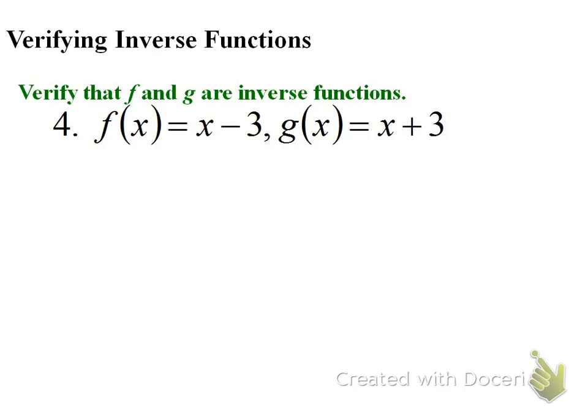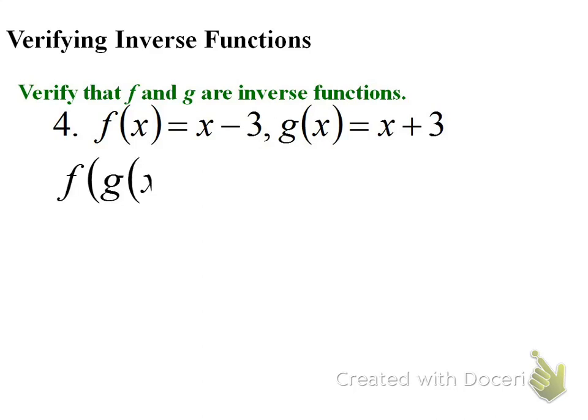So we want to verify that f and g are inverses. So we just do the composition of functions. We're going to put the g function in for the x in the f function. Then we're going to put the f function in for the x in the g function. If they both simplify to leave you with just an x, then these 2 are inverses.